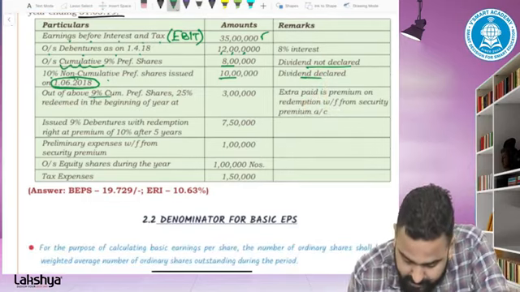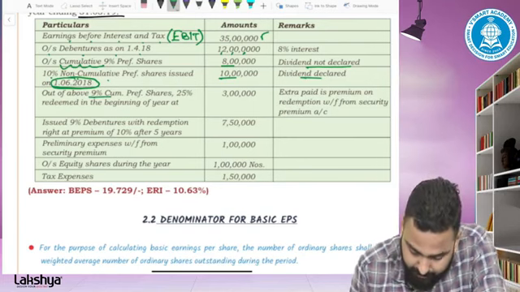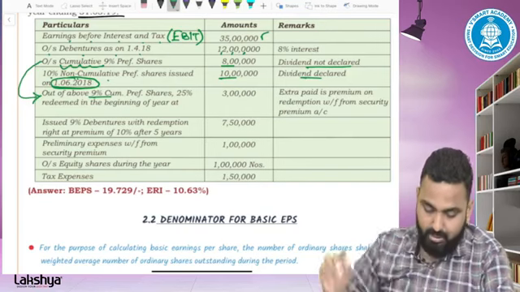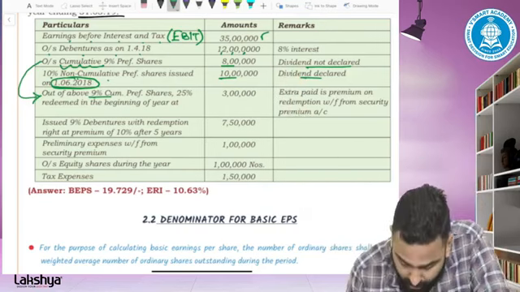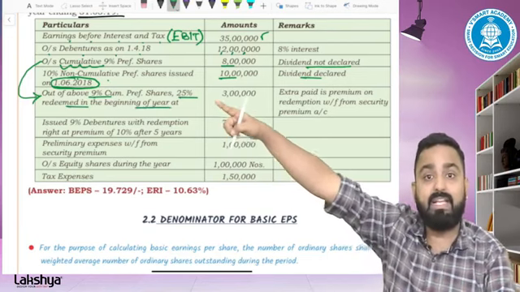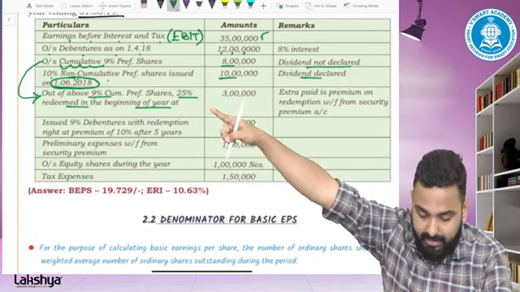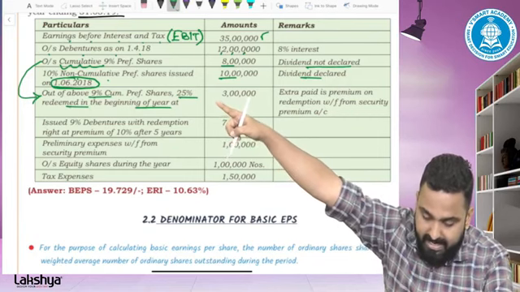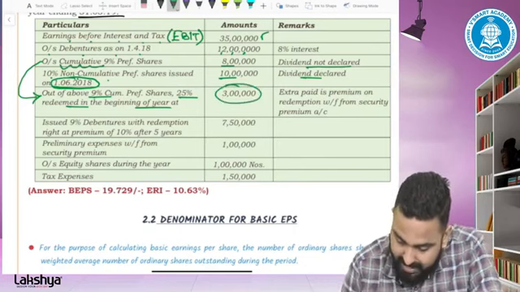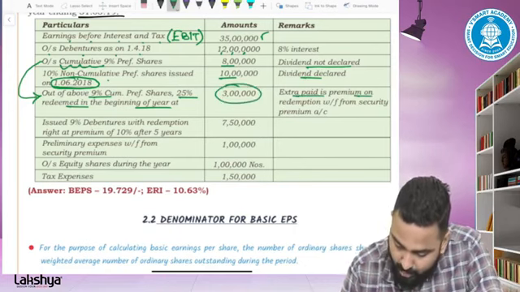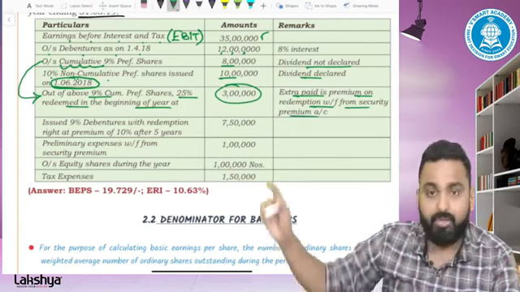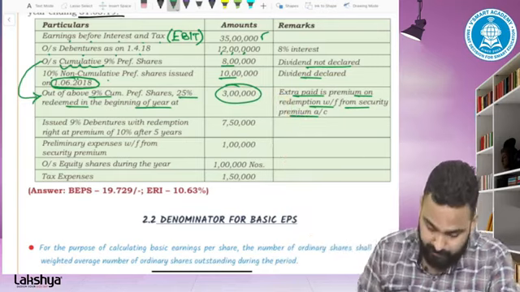Out of the above 9% cumulative preference shares, 25% were redeemed at the beginning of the year at rupees 3 lakh. The extra paid is premium on redemption, written off from the securities premium account.